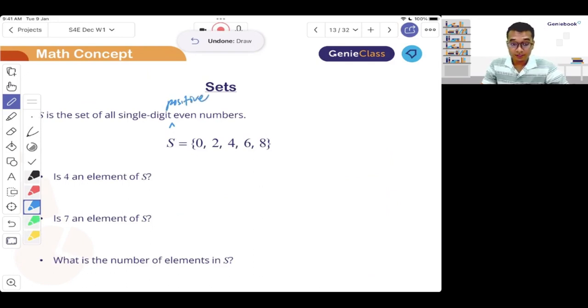Because I added the word positive, I will be removing 0 from the set.